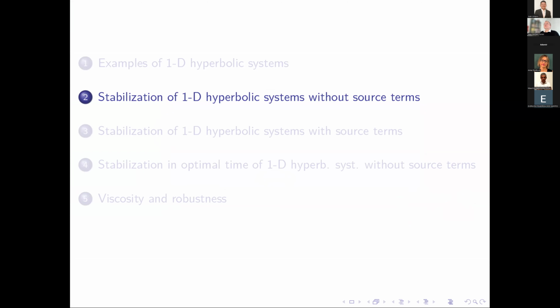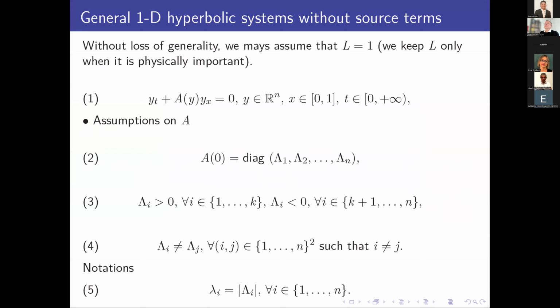So now we are going to move to the problem of stabilization. We have this general picture, and we are going to consider the case where there is no source term, b of y equal to 0. So we have the equation y_t plus A of y y_x equal to 0, and we study what happens when we are close to 0.